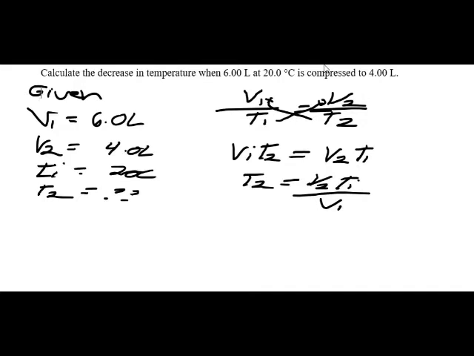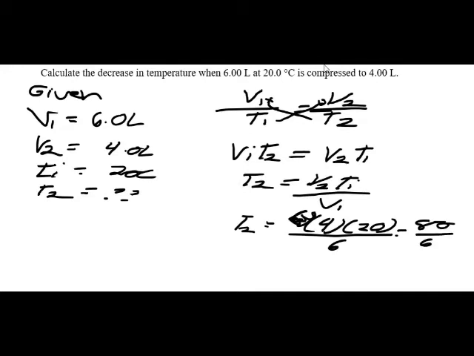Now that we have this, let's substitute all the values. So we have 4 liters, which is V2, times 20 divided by 6 liters. So that's 80 divided by 6.